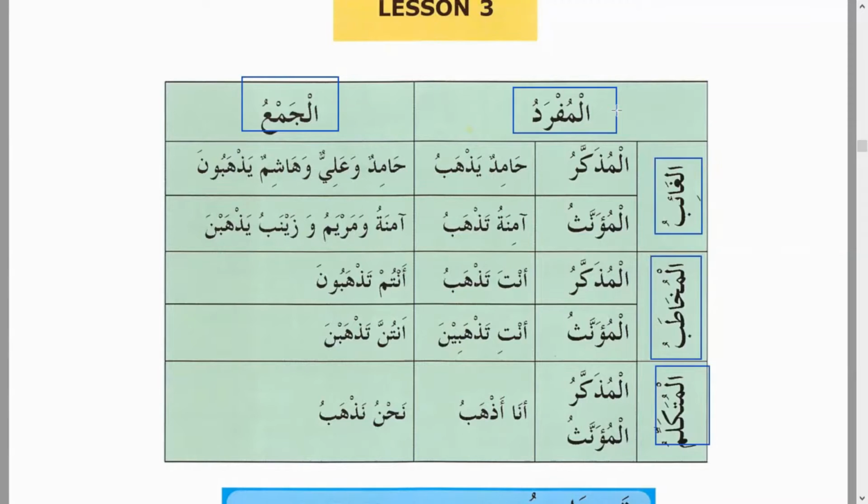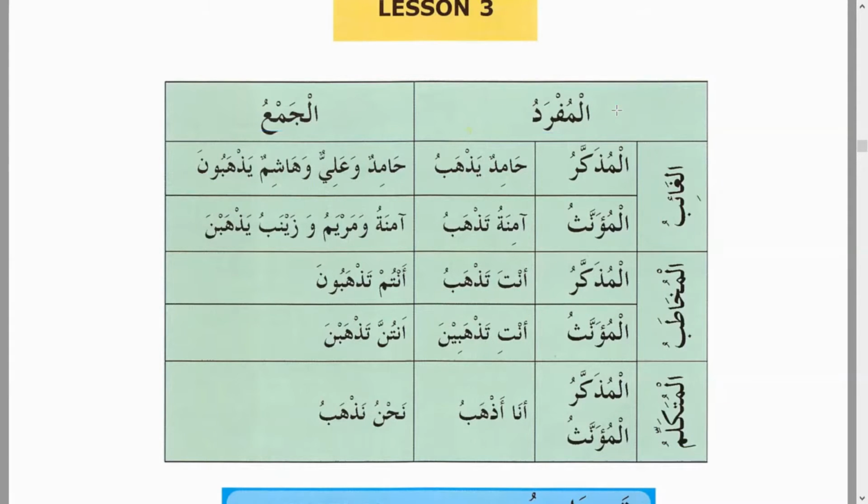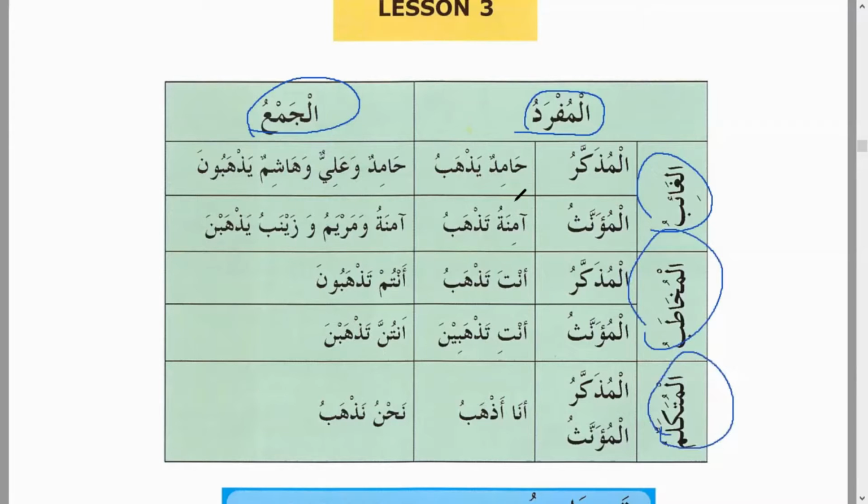Anytime you want to choose which one out of the 14 will come, you have to see three things. First, is it singular or plural? Second, is it third person, second person, or first person? Third, is it masculine or feminine? This is how you have to decide which one to use.